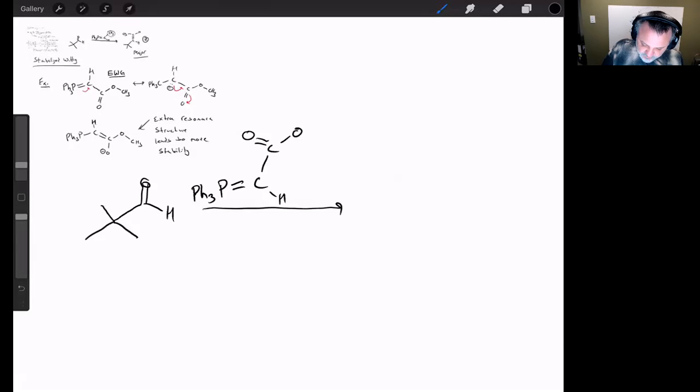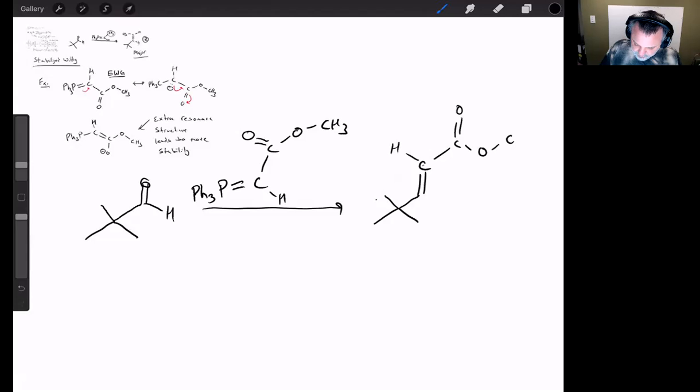If there's an electron withdrawing group attached to the Wittig reagent, we don't see Z stereochemistry. We see E stereochemistry. In this case, it's the major product.